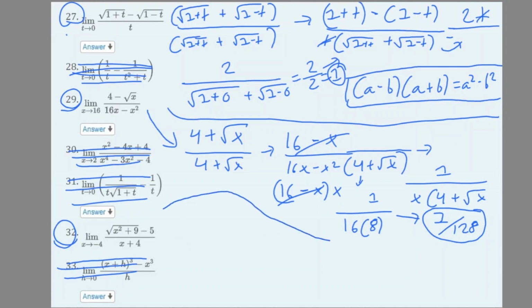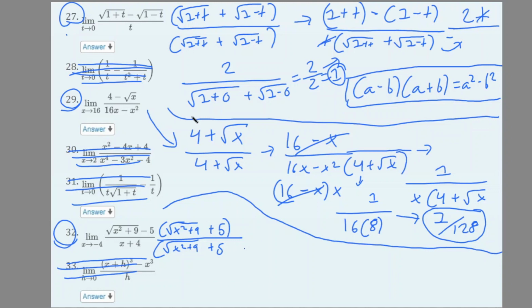Now for 32, let me isolate that space real quick. For 32 here, we can do the same thing: multiply by the conjugate. The conjugate would be radical x squared plus 9 plus 5. And then on the bottom we would do the same thing, square root x squared plus 9 plus 5.